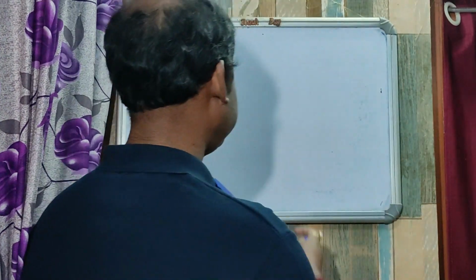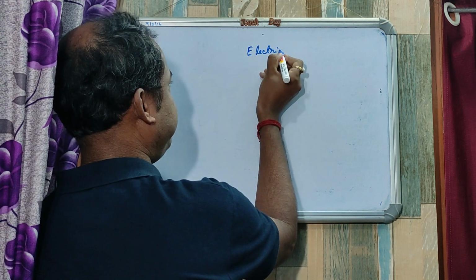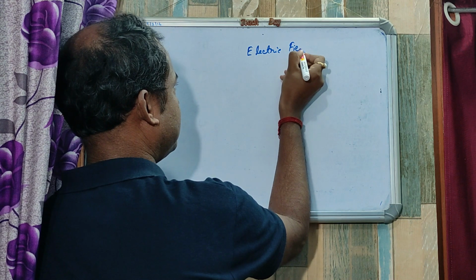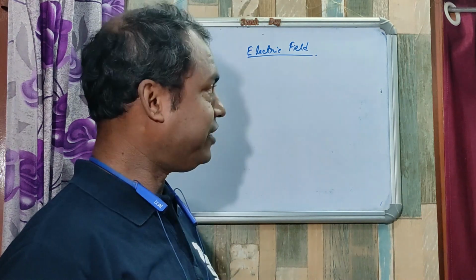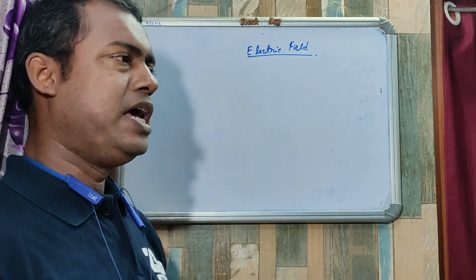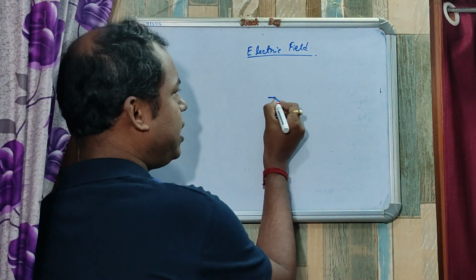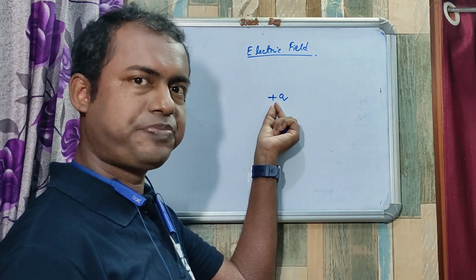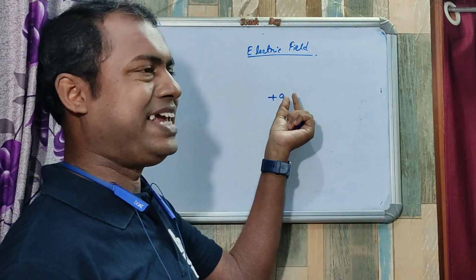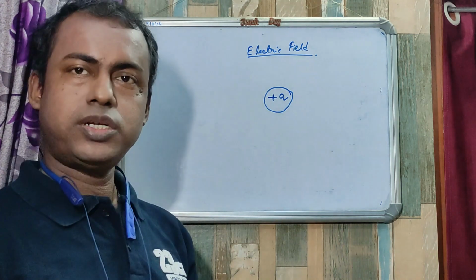Okay, so we write: electric field. What is the electric field? Consider we take a positive charge, plus Q. This positive charge can be treated as a source charge.